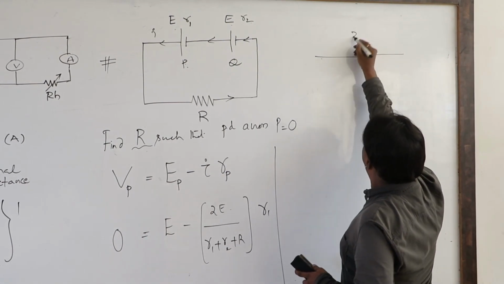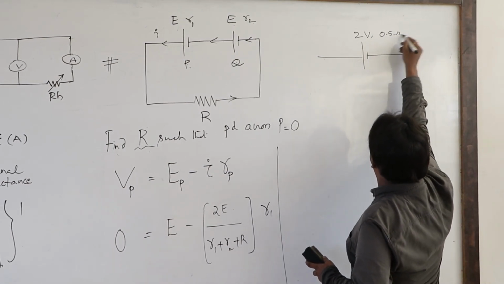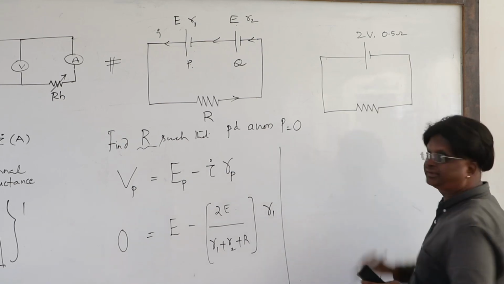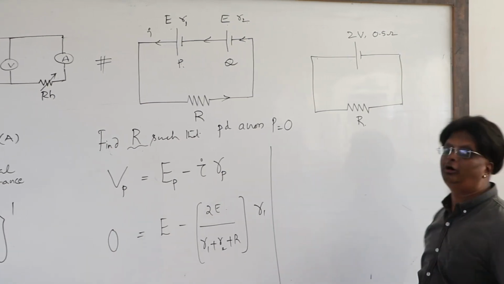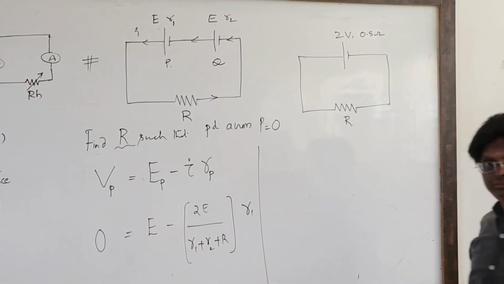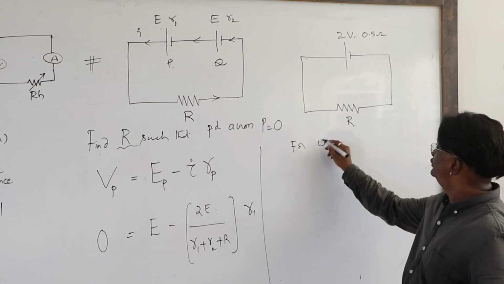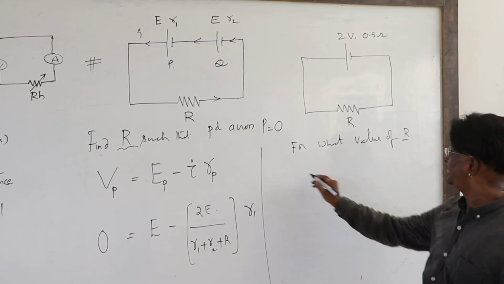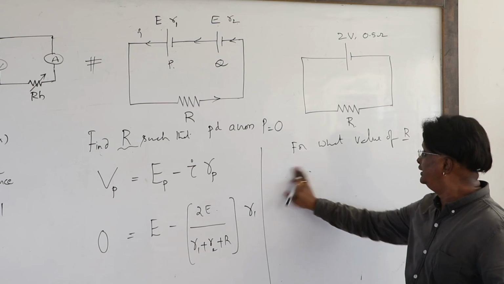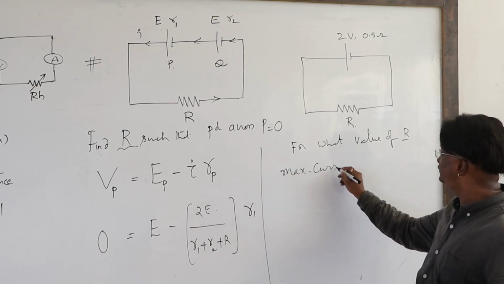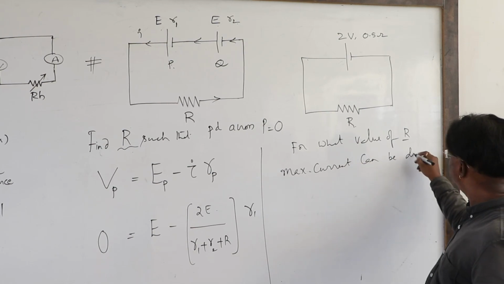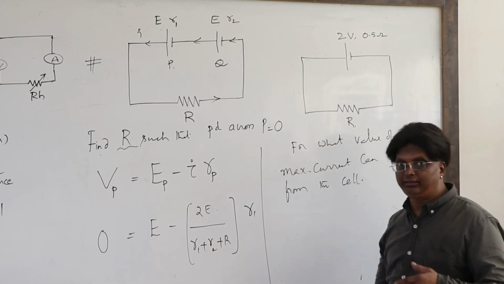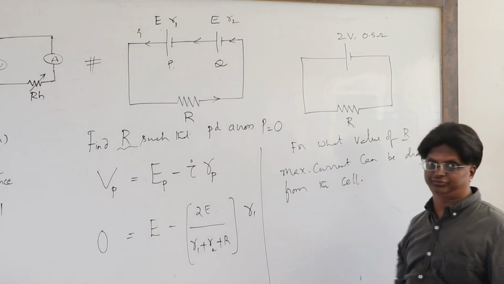This is a cell, 2 volts and internal resistance 0.5 ohms, connected to an external circuit of resistance capital R. Now the question is, for what value of R can maximum current be drawn from the cell, or find that maximum possible current in the circuit.